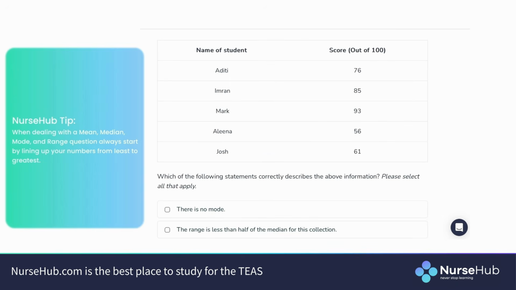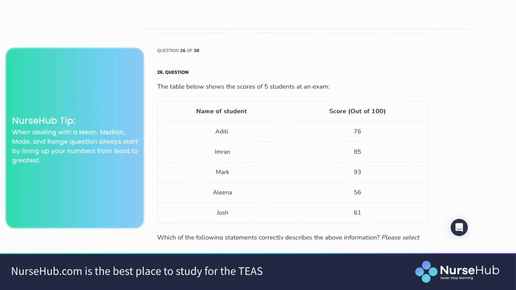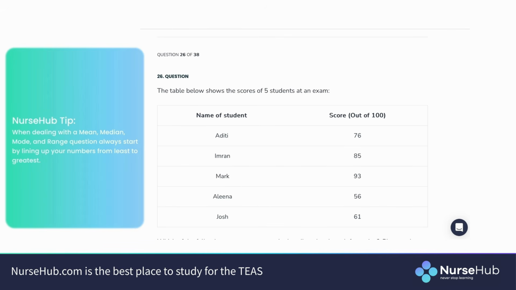So most importantly though, is that we realize we need all 4 of our mean, median, mode, and our range. Now, the best thing to do is to always line up your numbers from least to greatest to start.